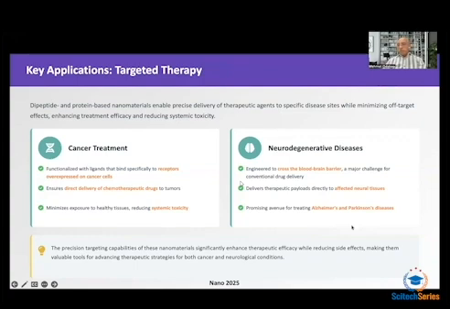The precision targeting capabilities of these nanomaterials significantly enhance therapeutic efficiency while reducing side effects, making them valuable tools for advancing therapeutic strategies for both cancer and neurological conditions.